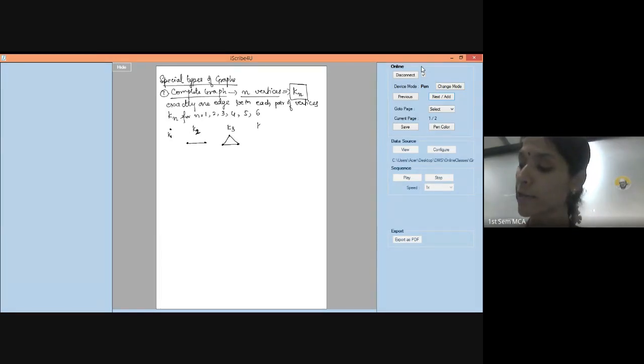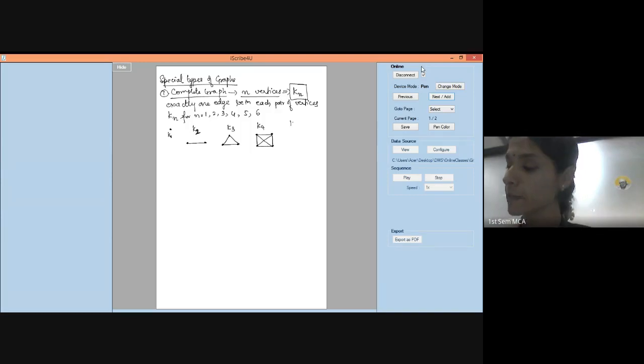Let me take K4. I should have 4 vertices, and an edge between every pair of vertices. I will join this, this, this, and this also. Then I will join this part, and this one also. There are no more vertices left unconnected.